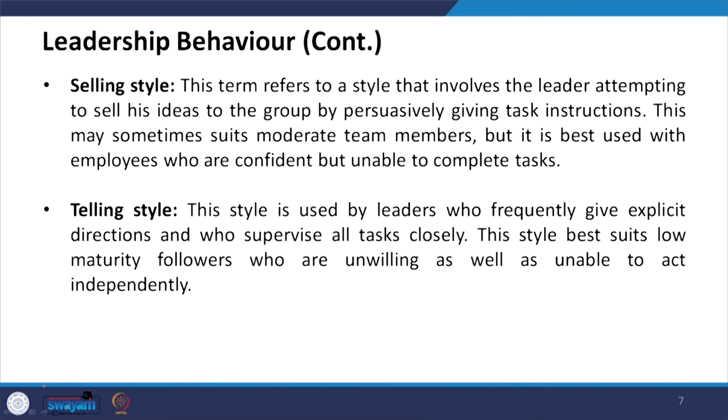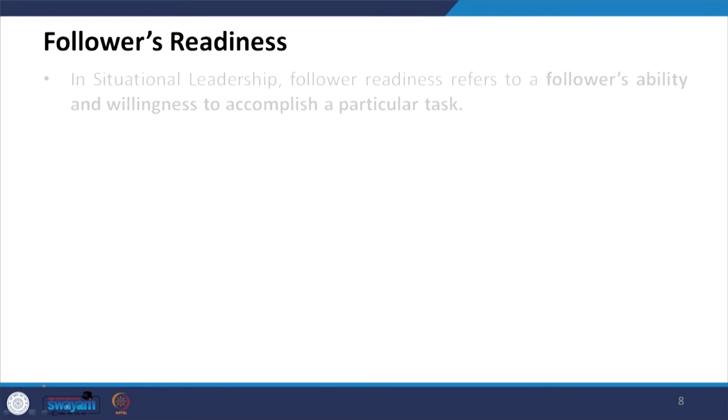What selling means is, you will give the ideas, you will support them so that they can perform the task. The telling style is the autocratic style, giving explicit directions and supervising all tasks closely. This style best suits low maturity followers who are unwilling as well as unable to act independently, and therefore in that case they will have the telling style.